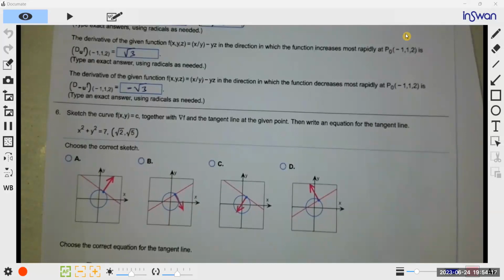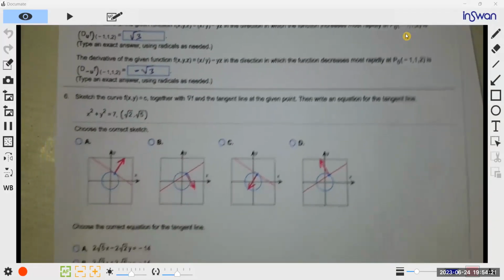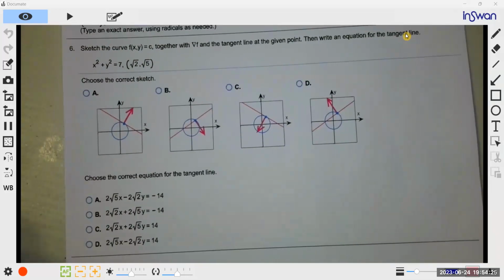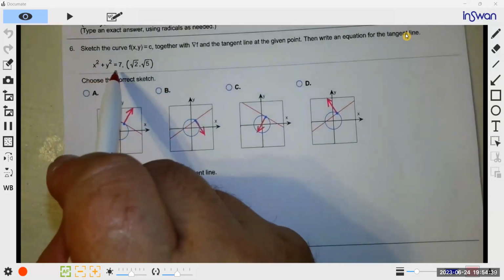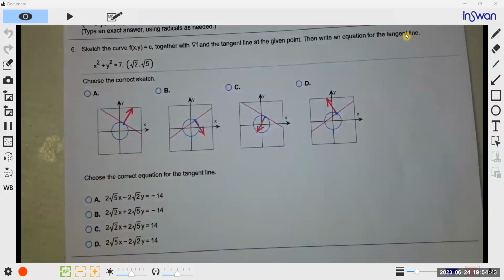Okay, number 6. I got glare here. Number 6 says, sketch the curve f of x, y equals some constant together with the del f and the tangent line at the given point. Then write the equation of the tangent line: x squared plus y squared equals 7 at the point radical 2, radical 5.